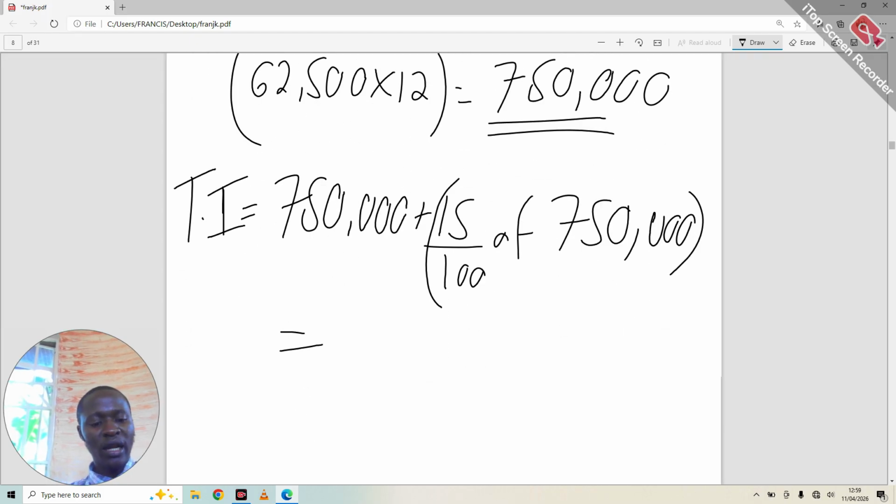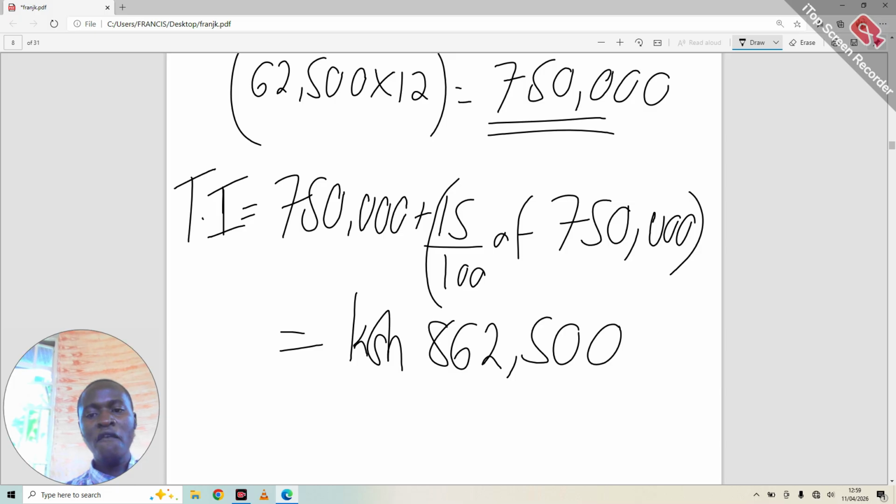So have that in your calculator. 15% of that basic salary plus 750,000. So we shall have our taxable income per year, sorry guys, as 862,500 Kenyan shillings. That is our taxable income.